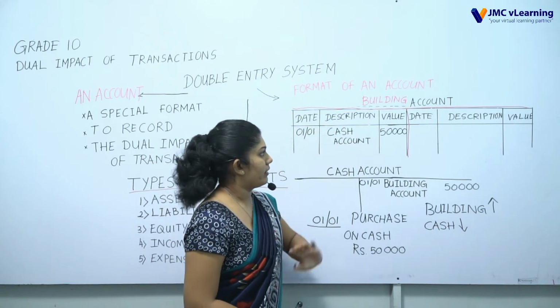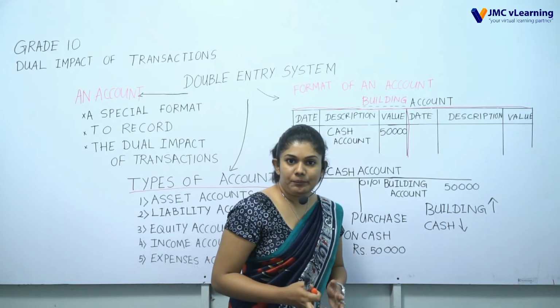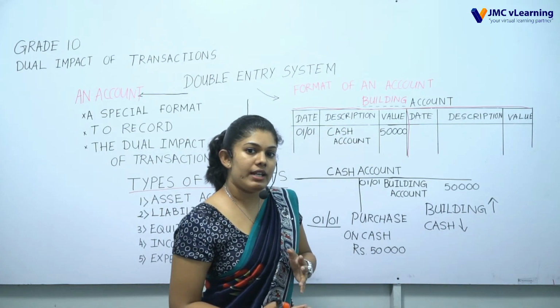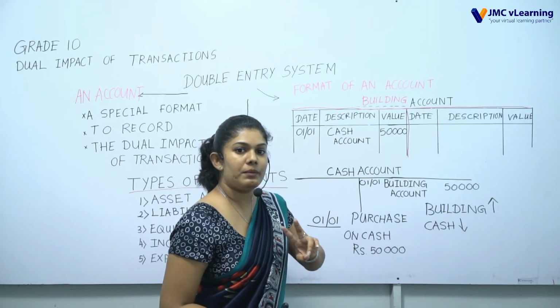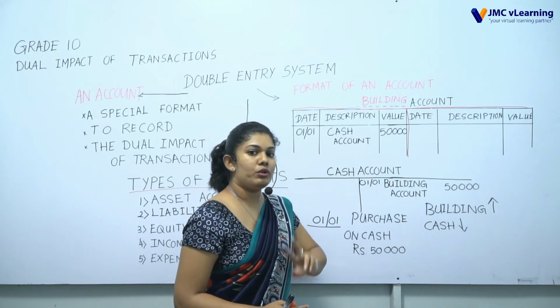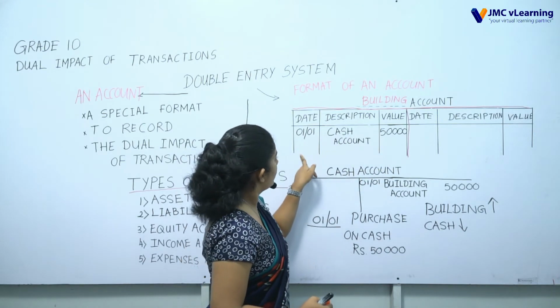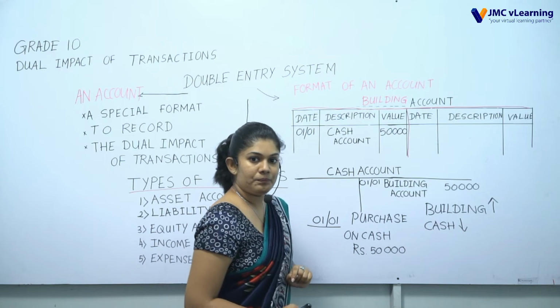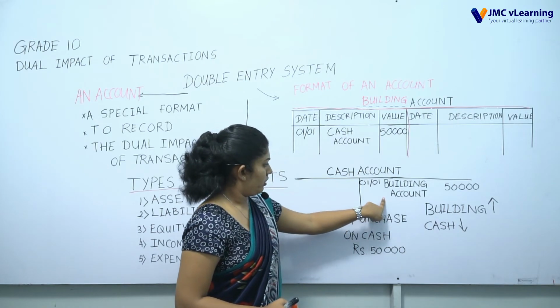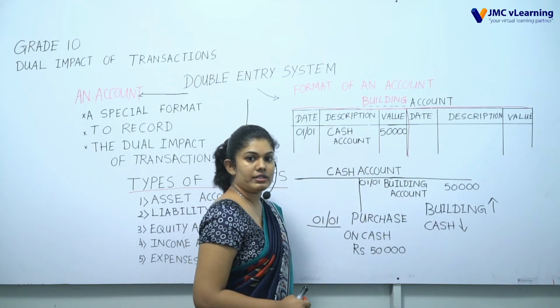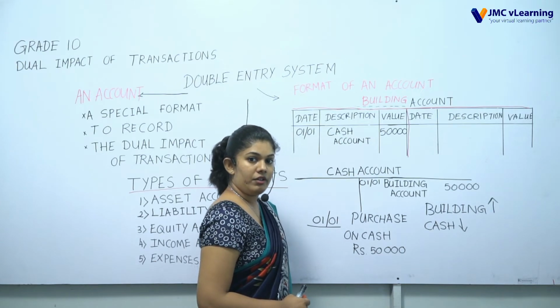Date, description like that. Now, you may wonder why I record this transaction in two different places. That means two different sides. In this account, I record it in the left side. In this account, I record it in the right side. You may wonder.